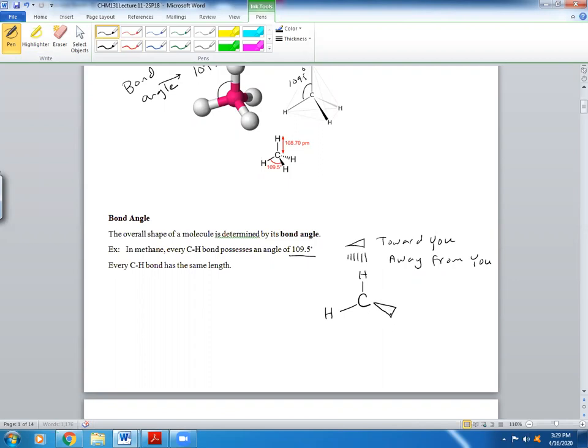By the way, this can be shaded, or it could be left like this for just ease of drawing this. And you put an H, and then next to it, you put a hatched line with an H attached to it, like this. Okay, so this actually is a tetrahedral molecule.